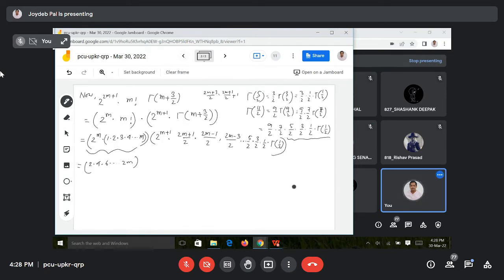Okay, and in the second term also, there are 2 to the power m plus 1 terms. So m plus 1 number of 2's, and here how many terms are there?